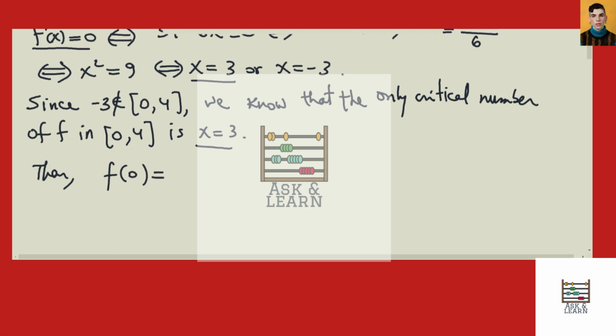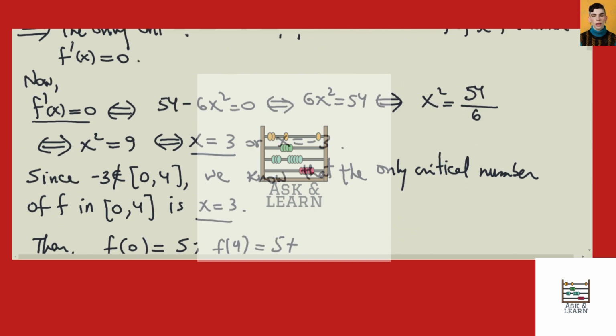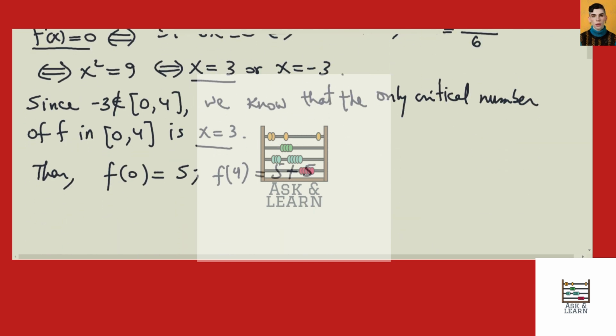f at 0 is 5. f at 4, which is the right endpoint, is 5 plus 54 times, sorry, times 4 I meant, which is the argument, times 4 minus 2x cubed, that is 4 cubed.